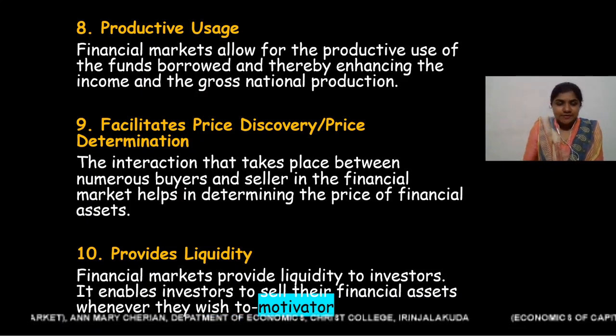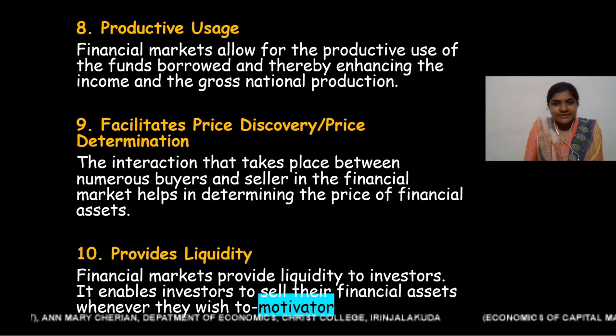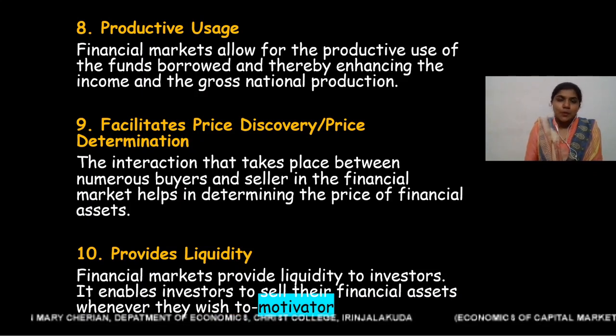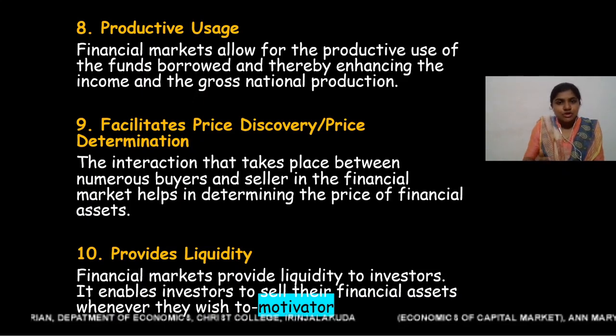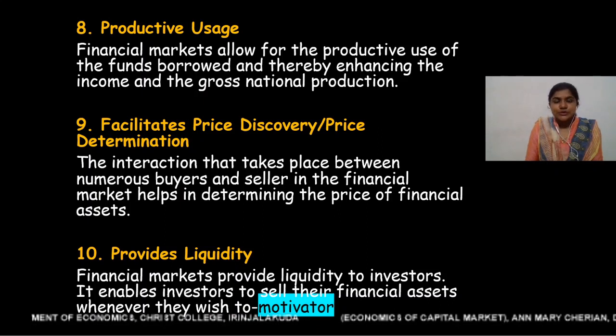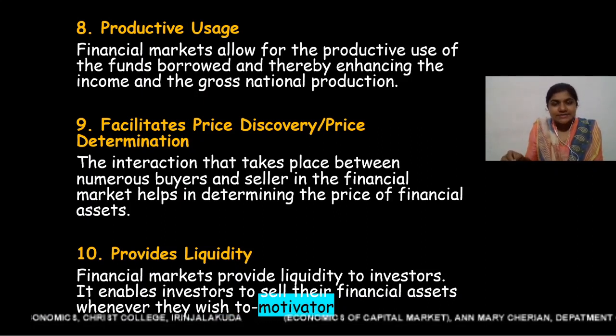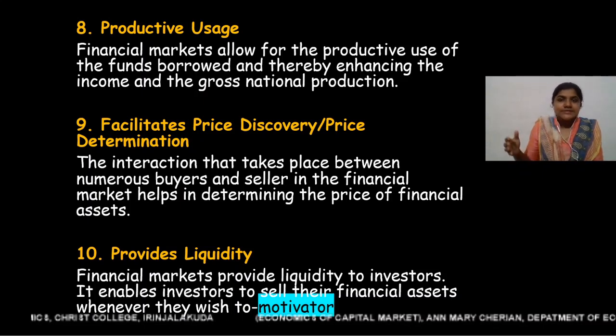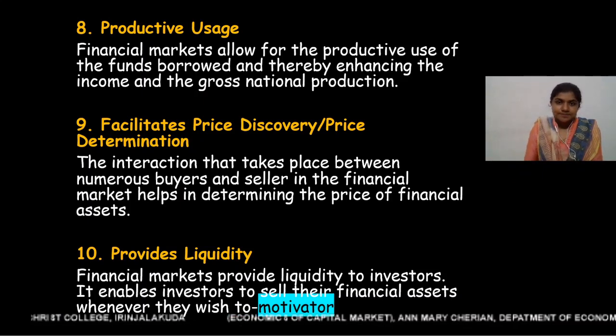Coming to the next function, facilitates price discovery or price determination. So usually in financial market, prices are determined using the price mechanism. So prices of financial assets are determined using supply and demand factors.